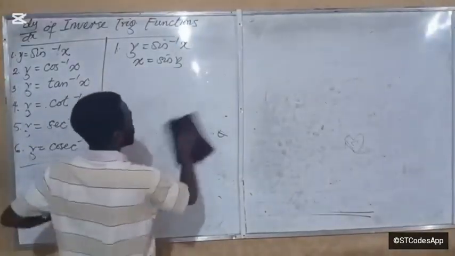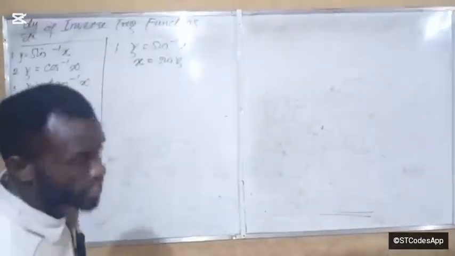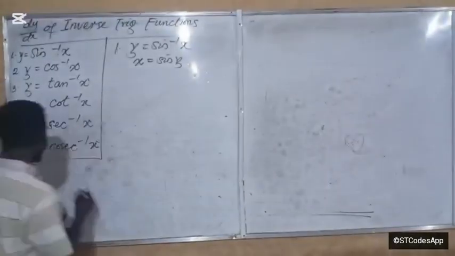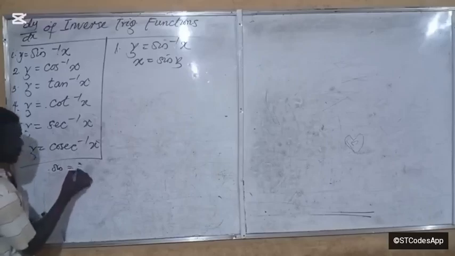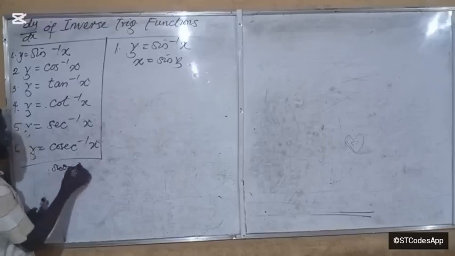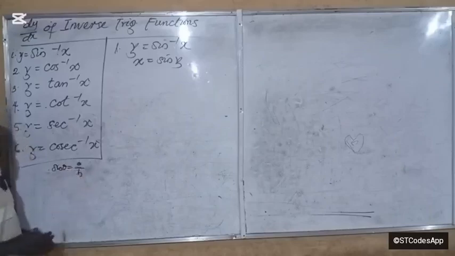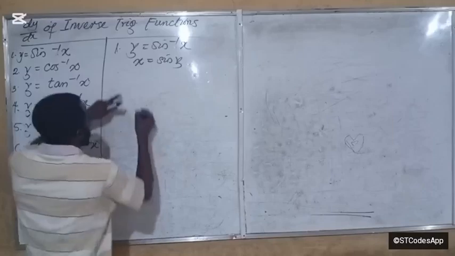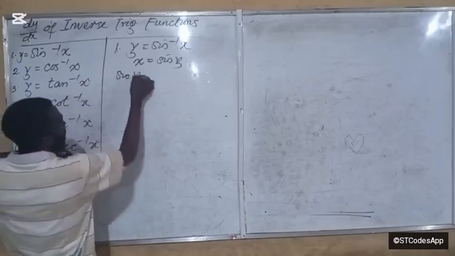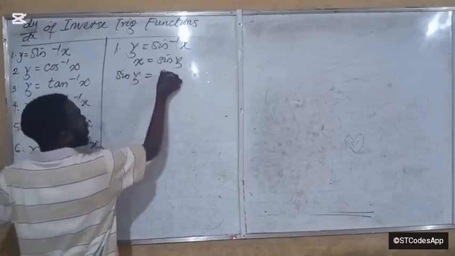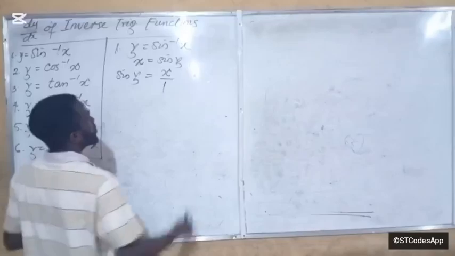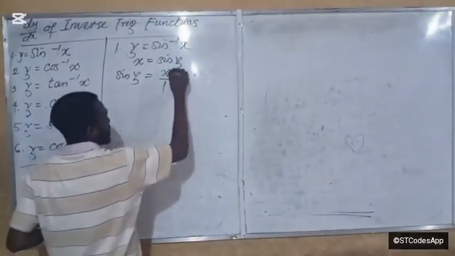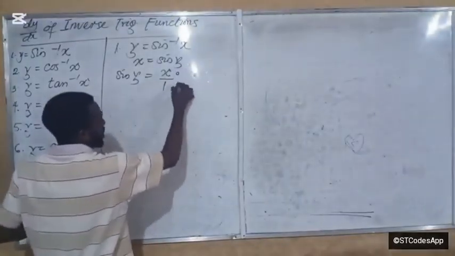Now using the first approach, you remember that sine of an angle is equal to opposite over hypotenuse. So the sine y that I have here is equal to opposite, which is x. x has a denominator 1. So x is my opposite, and 1 is my hypotenuse.